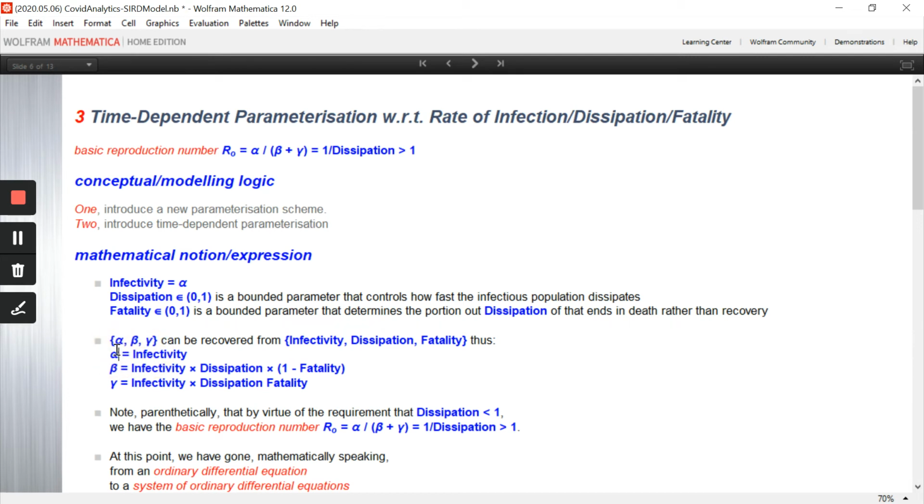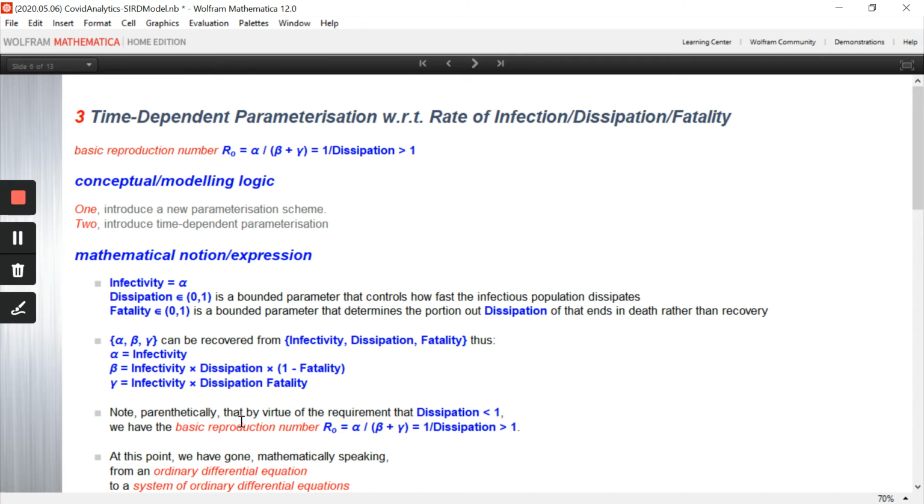Infectivity is alpha. But instead of working with beta and gamma directly, I created this intermediate parameterization called dissipation. So dissipation controls the overall rate at which the infected population ceases to be spreaders of the epidemic. But once you dissipate, then you have this parameter fatality that controls whether it ends up in a happy scenario of full recovery or it ends up in death or disease.